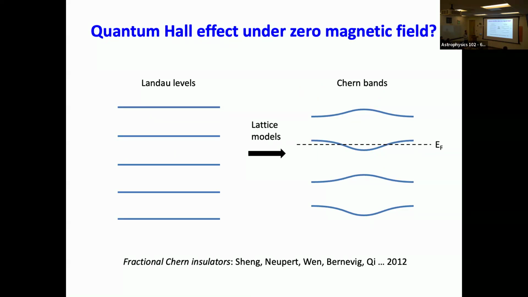If you fill an integer number of these bands, you get the quantum anomalous Hall effect I mentioned. And if you fractionally fill one of these flat Chern bands, you may be able to stabilize a fractional Chern insulator, which was first pointed out in 2011.